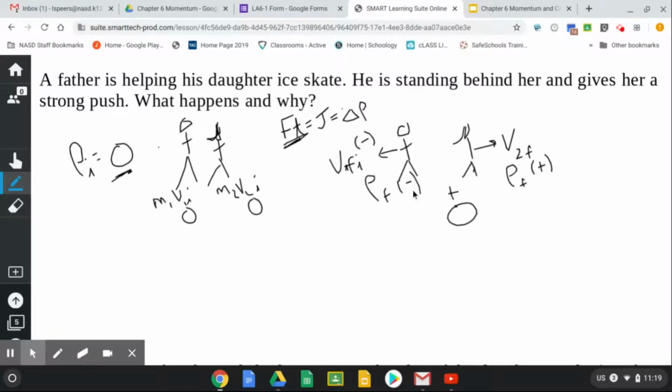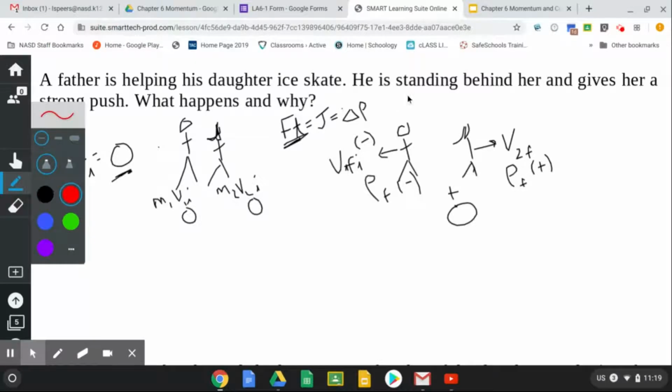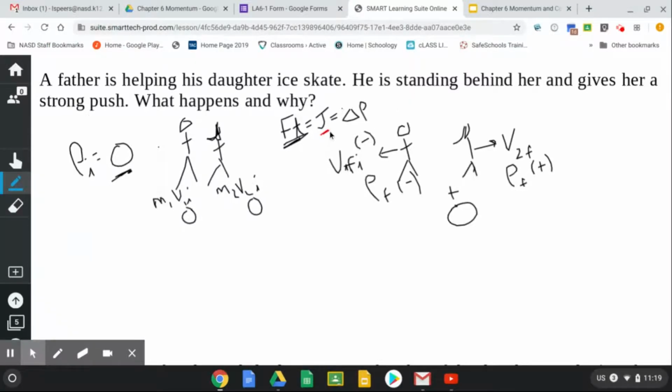But the impulse that they each got, their change in momentum, is going to be the same. I use those terms interchangeably, change in momentum and impulse. Remember, they're equal to each other, right? The change in momentum and the impulse are the same thing.